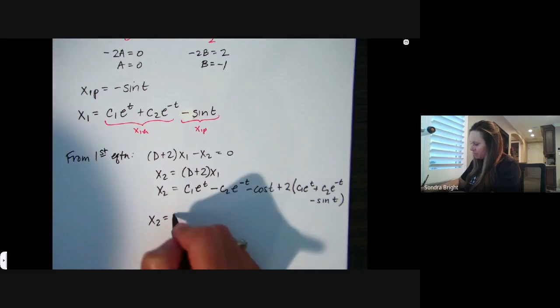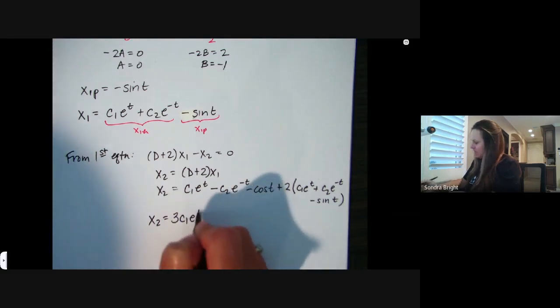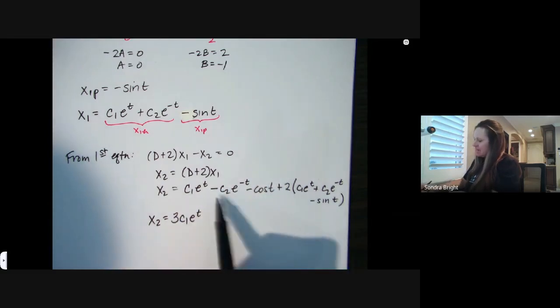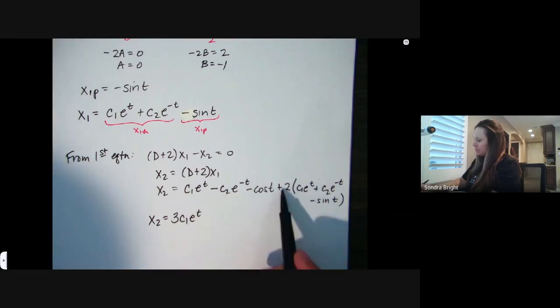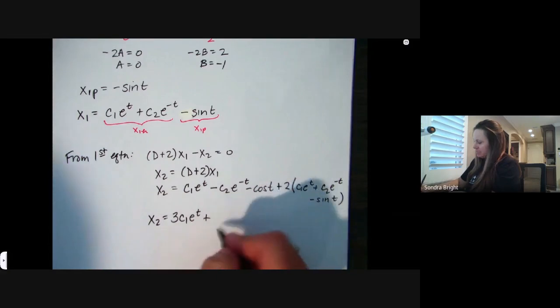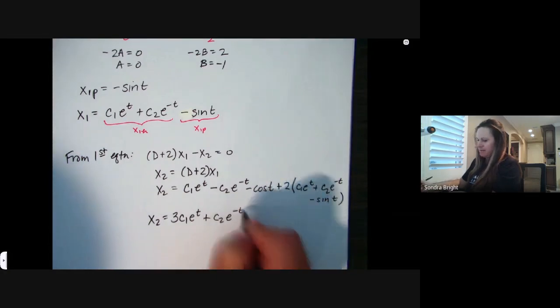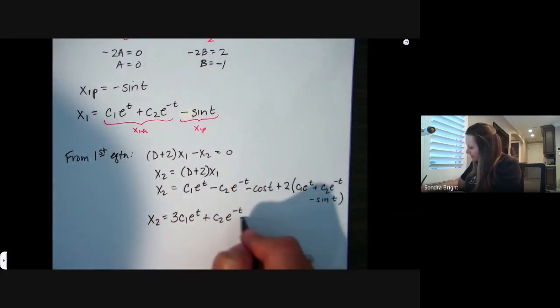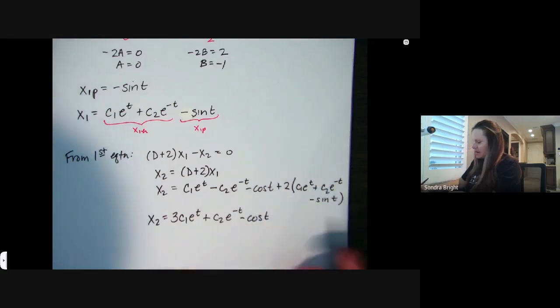So that will give you a 3 c1 e to the t. You've got a negative c2 plus a 2 c2, so that's a plus c2 e to the negative t, and then we have a minus cosine of t, and then a minus 2 times sine of t.